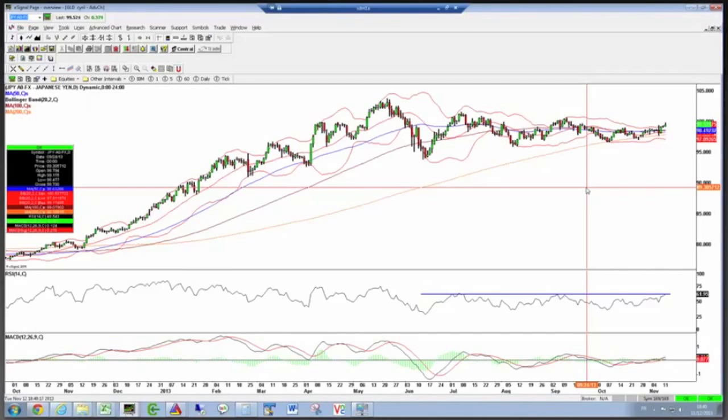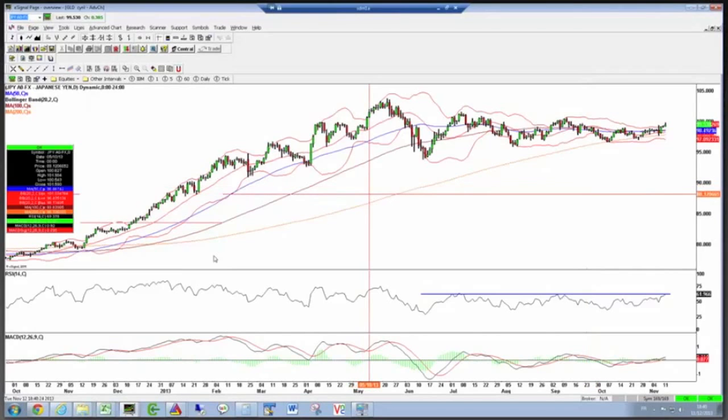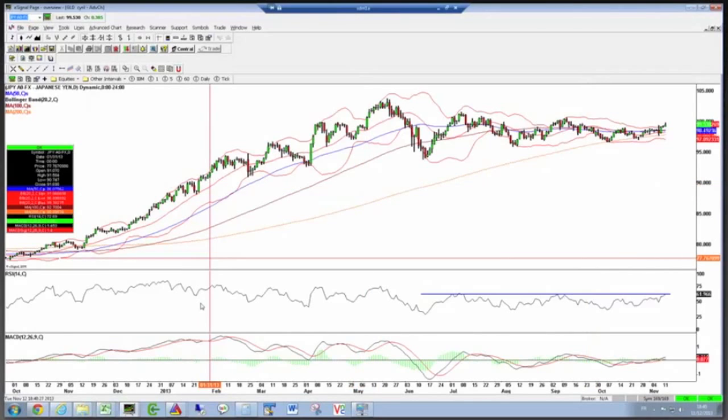Maybe there are some questions from your side. Maybe we have time to focus on another pair, another currency pair.